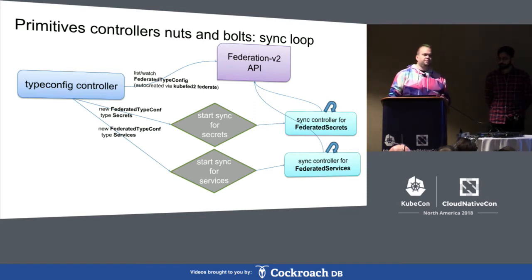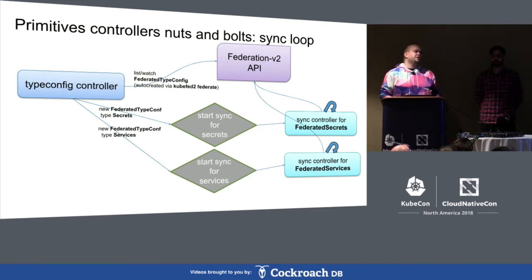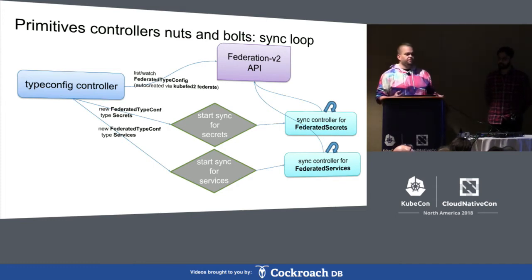Now, this is made possible using the same code path by the dynamic client and unstructured resources, which means that we don't have to differentiate the code for these different resources. It's the exact same code that runs, which is pretty neat. I'm glad that we have smarter people than myself working on this API machinery and client-go stuff to make all this happen. So that's how we turn it on.